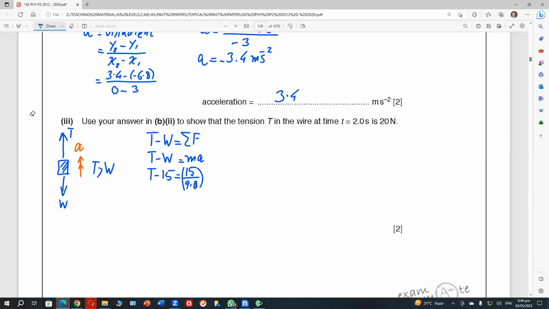I have the acceleration. It is coming as 20.2.